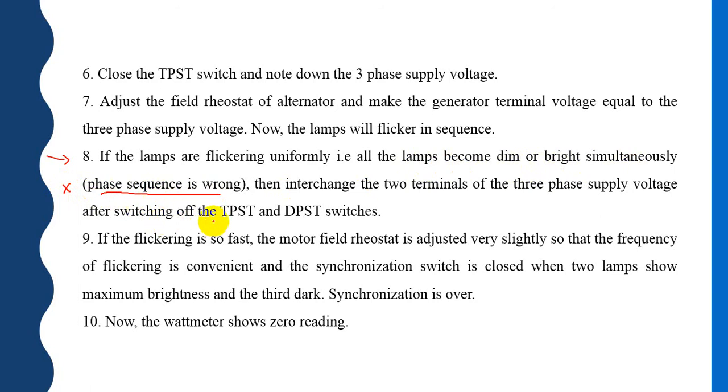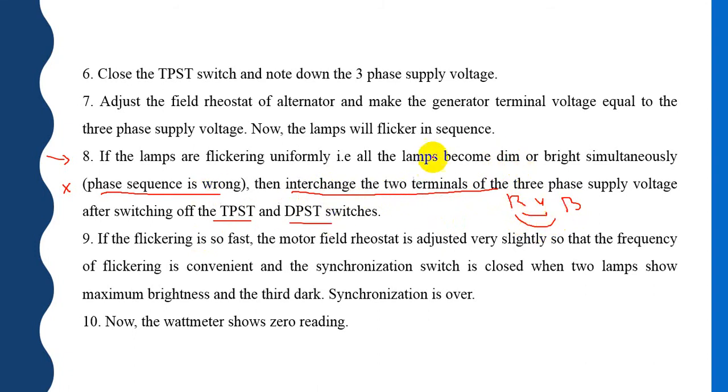We have to switch off the TPST and DPST switches first, then interchange two terminals of the three-phase supply. Say you connected R, Y, B. Interchange this terminal: the Y terminal to this side and the R terminal to that side.